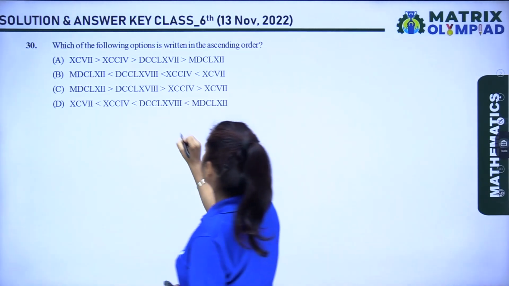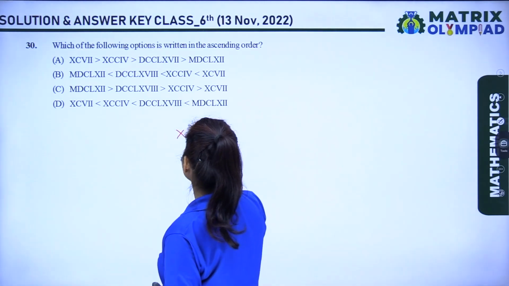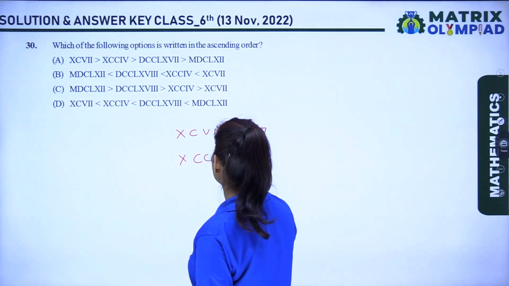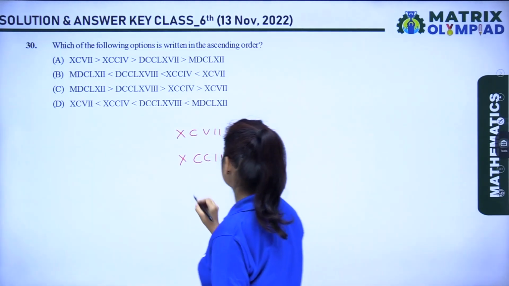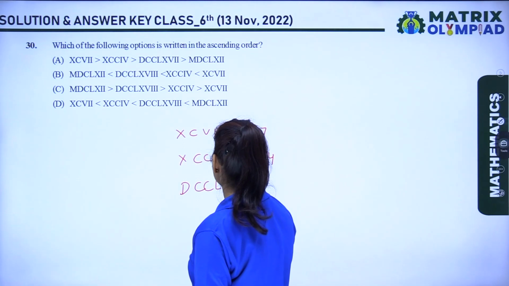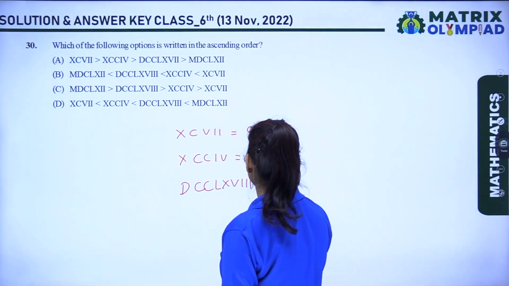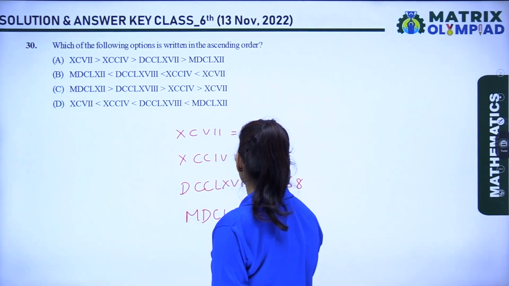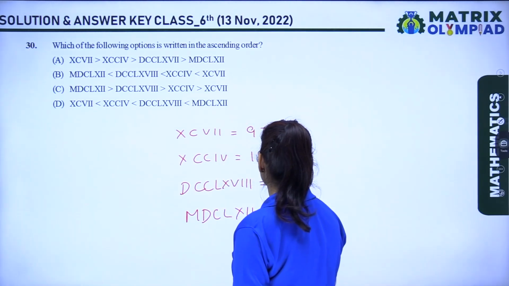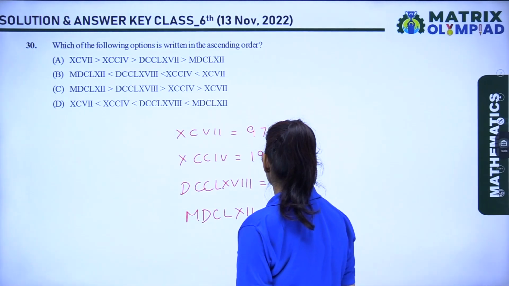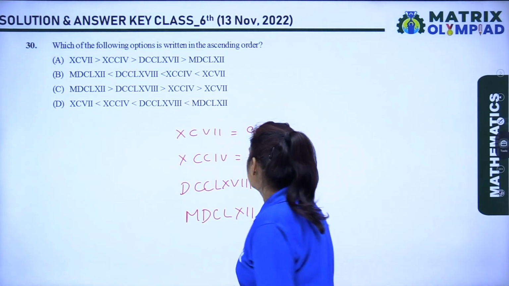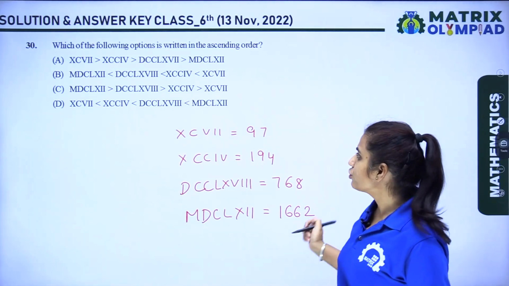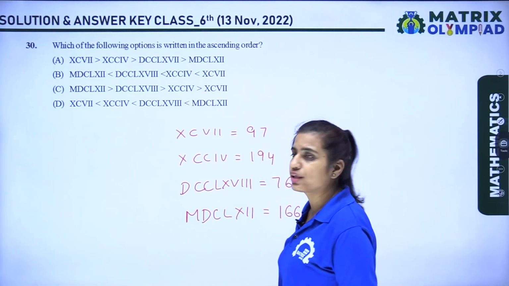So, let's convert them. So these are the numbers. Now let's check which option is the correct one.